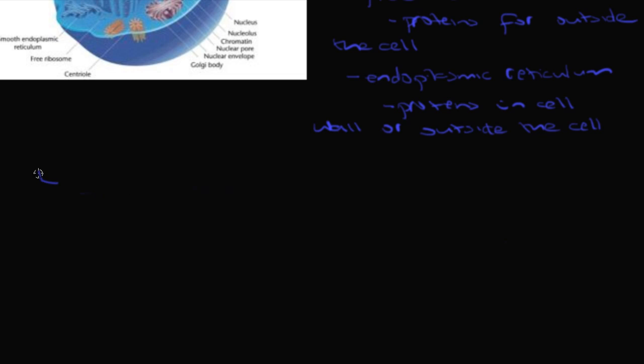Then we can talk about the endoplasmic reticulum. And there's two types of endoplasmic reticulum. We start with the rough endoplasmic reticulum, and it gets the name rough simply because it's studded with ribosomes.